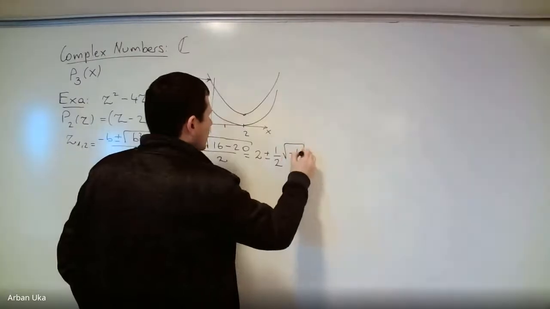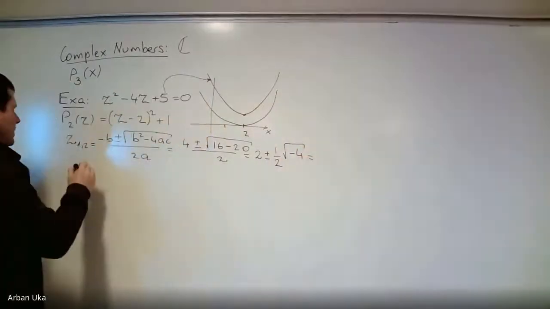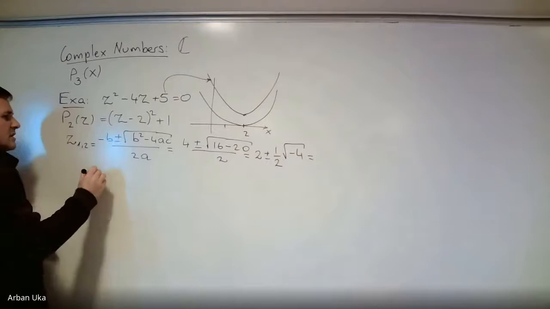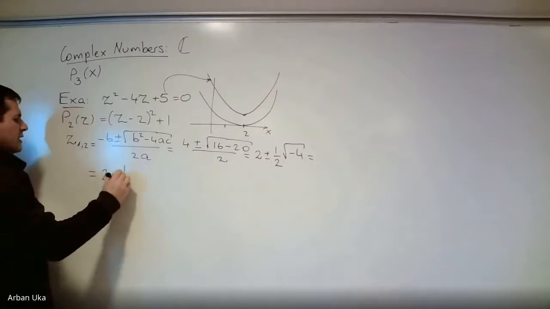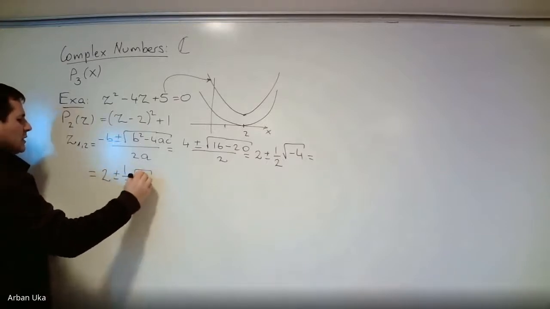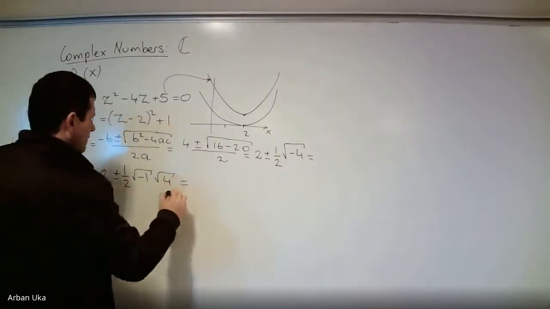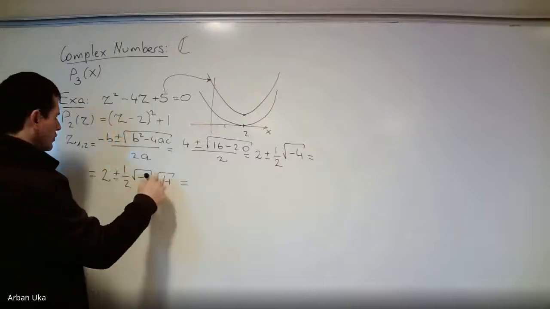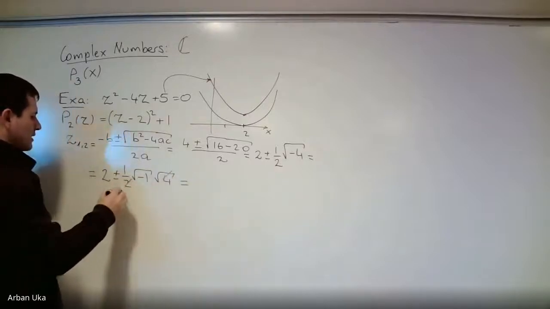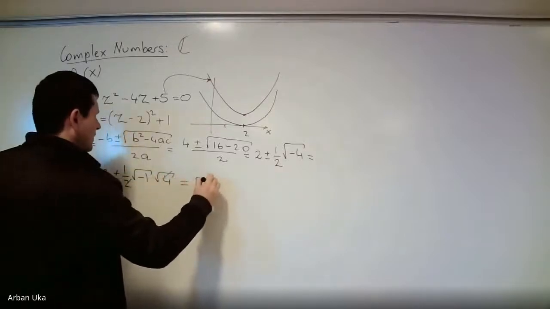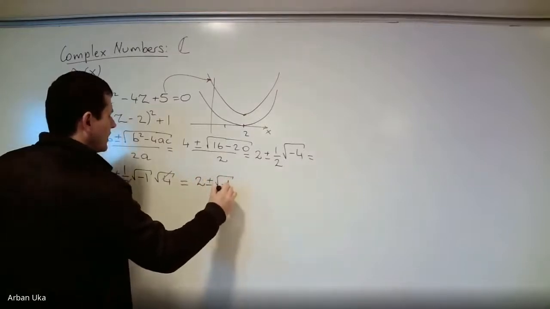The square root of 4 is equal to 2, so this 2 can cancel, and then we get 2 plus minus the square root of minus 1.